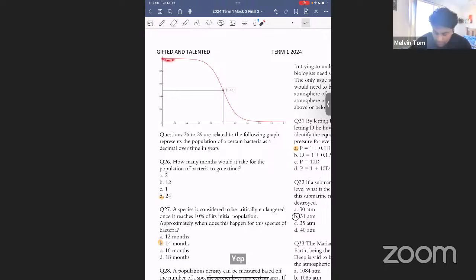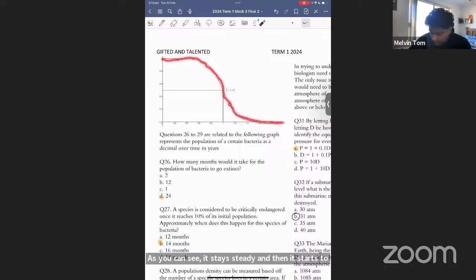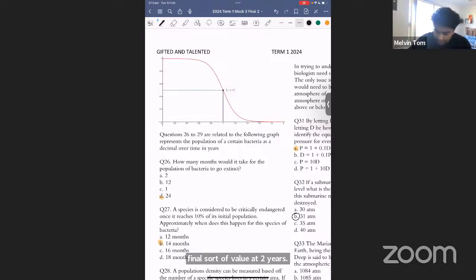As you can see, it stays steady and then it starts to drop in population, going down, down, down. And you can see it pretty much reaches its final value at 2 years. The question says the time is in years. So what's 2 years as months?